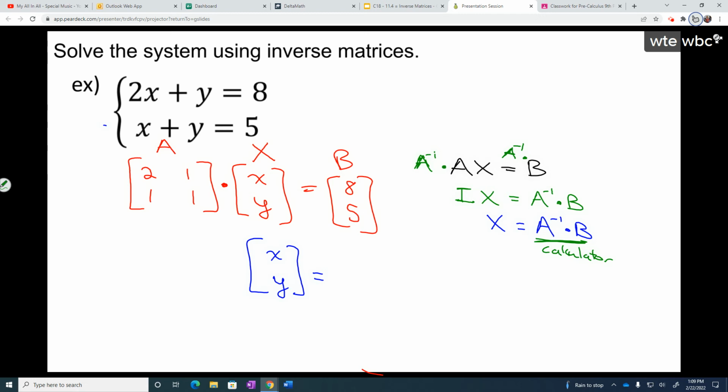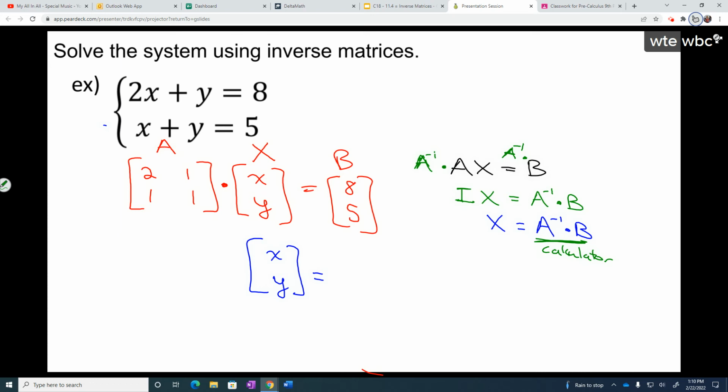What we need to do is type in A inverse, but it's not obvious how we actually do that. What you're going to do is second matrix, select matrix A, enter on that. And then there's actually a little button that's a shortcut, if you can find it on your keypad.